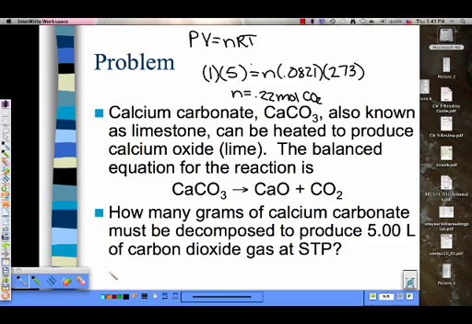So I'm going to do that on the bottom. So I have 0.22 moles of carbon dioxide. It's a 1-to-1 ratio, so 1 mole CO2 to 1 mole CaCO3.